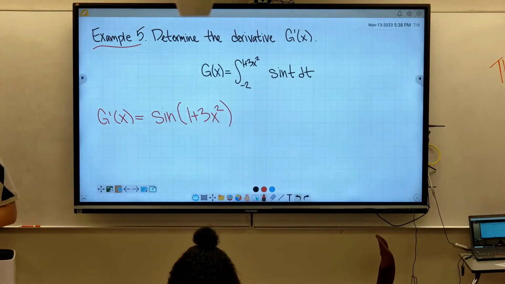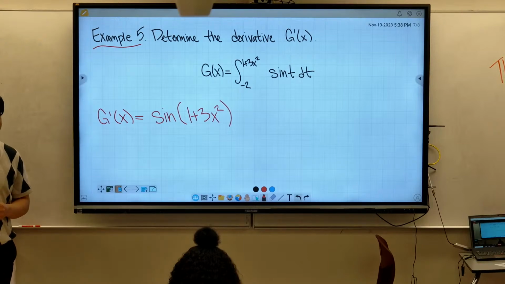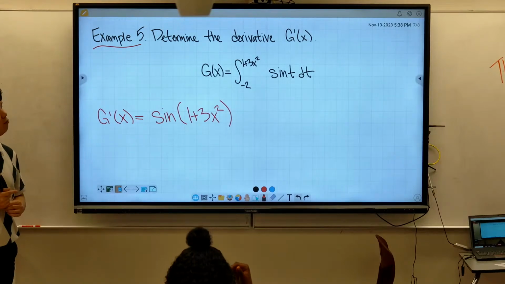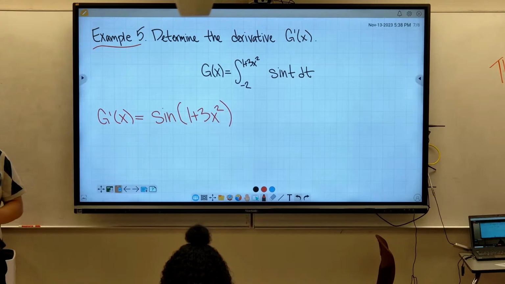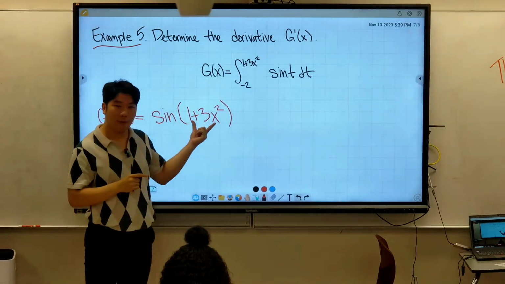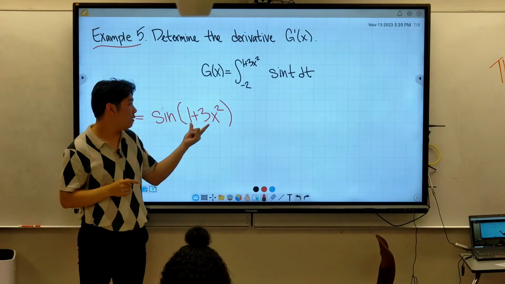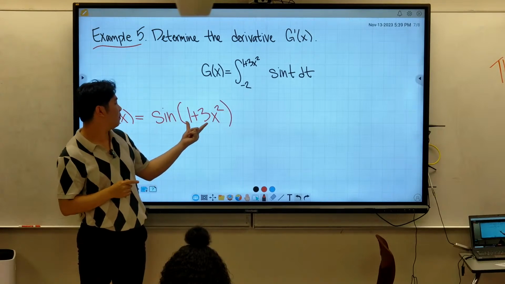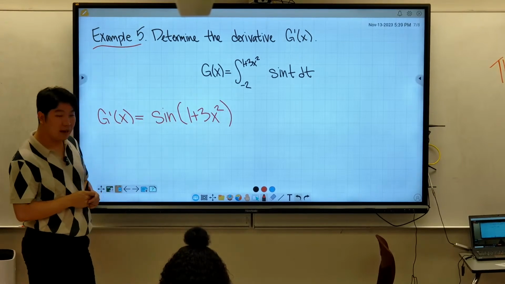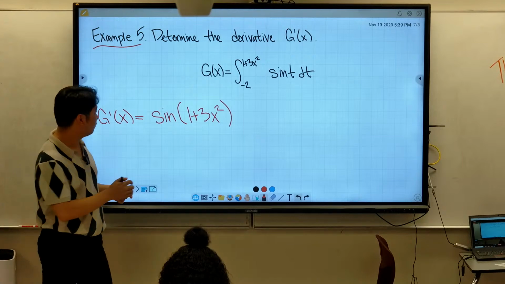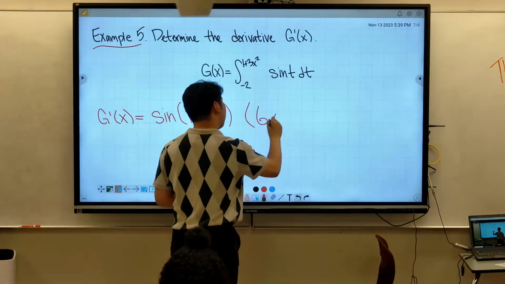Do we multiply by the inside, or the something of the inside? So we know that chain rule says that we did the onion method where we multiply by the derivative of the inner layers. Well, my inner layer here is 1 plus 3x squared. What's the derivative of 1 plus 3x squared? 6x.